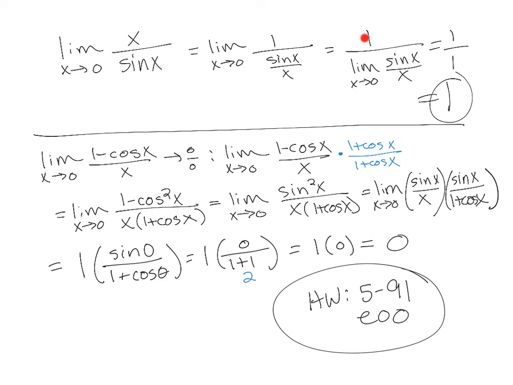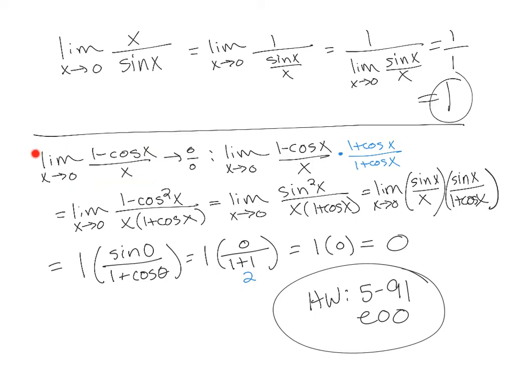It's the limit as x goes to 1 of the top, which is just 1, and the limit of the bottom. Now the 1 keeps going. Here's my bottom. The limit as x goes to 0 of sine x over x gives me a 1. 1 over 1 is 1. So you can look at this guy right here and just say, well, that's 1 upside down, which is, again, just a 1.